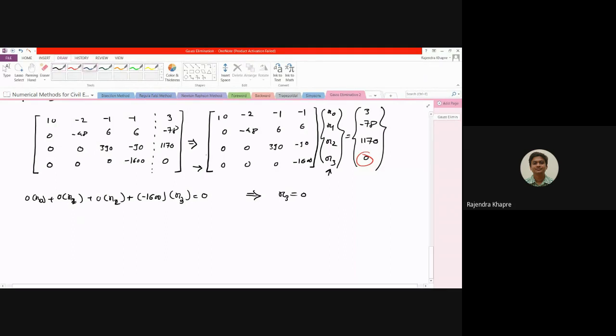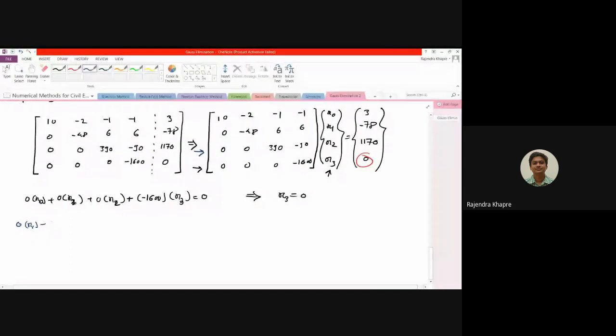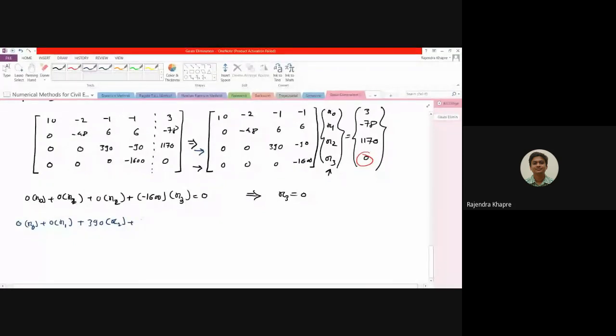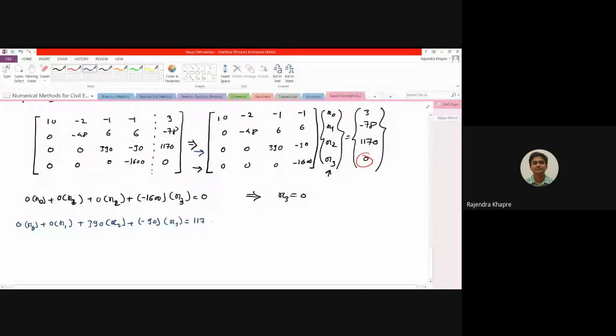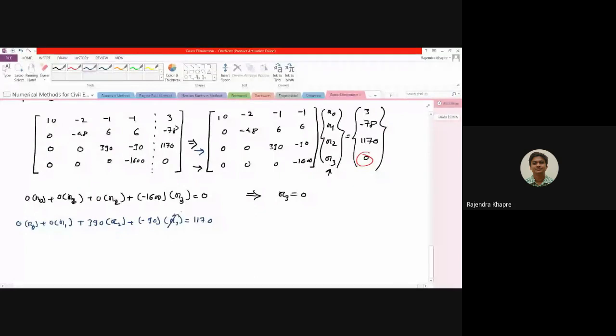Now let us go for the second last row. Let me write the expression over here with the blue pen. 0 times x0, 0 times x1, plus 390 times x2, plus minus 90 into x3, which should equal 1170, out of which the x3 value you have already calculated as 0.